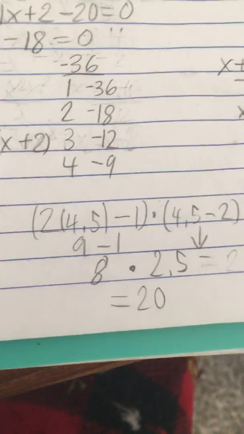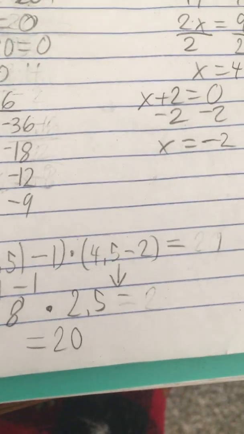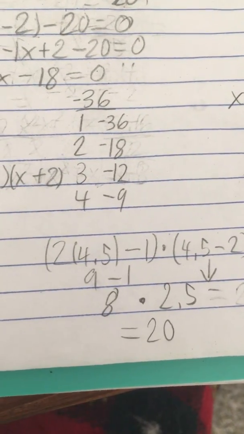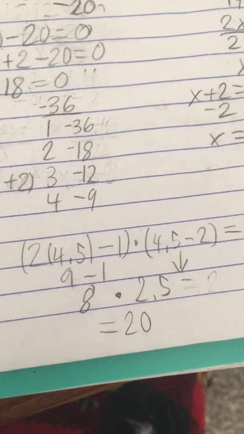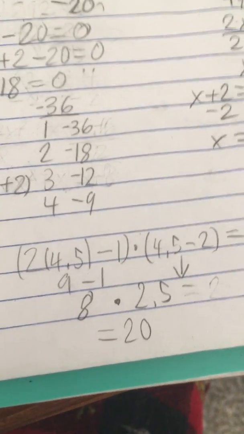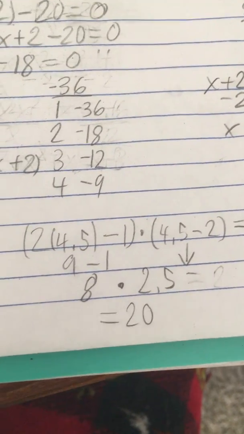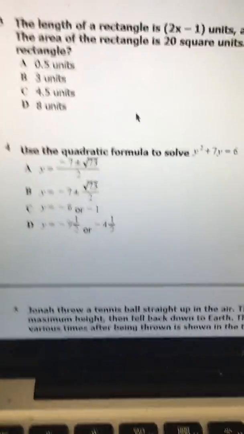So we do 2 times 4.5 minus 1, times 4.5 minus 2, is supposed to equal 20. 2 times 4.5 is 9, minus 1 gives us 8. Then 4.5 minus 2 gives us 2.5. And 8 times 2.5 is equal to 20. So that is correct. Now we're going to move on to question 4.